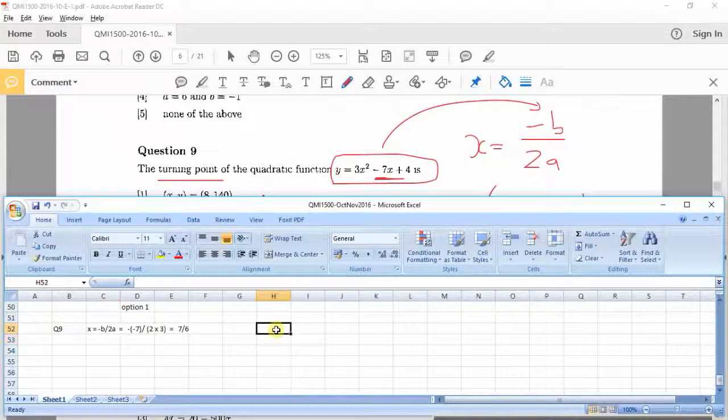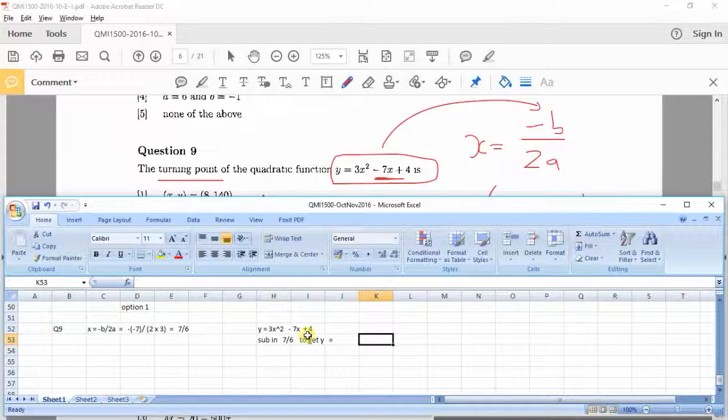Right, so now how am I going to get the y? y equals 3x squared minus 7x plus 4, sub in 7 over 6 to get y.